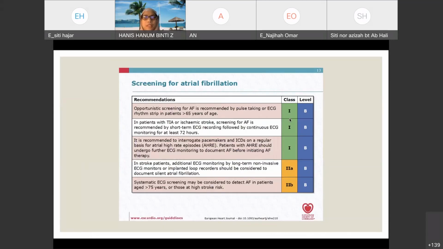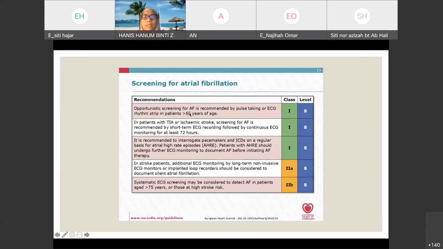Now, because AF is rarely detected, it's not as common and easily detected by the normal public, we advocate a screening. Opportunistic screening for AF is recommended, by pulse or ECG rhythm strip in patients above 65.